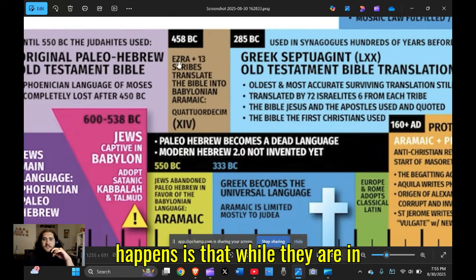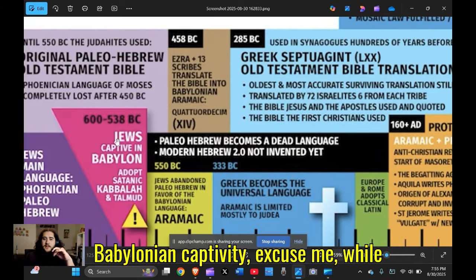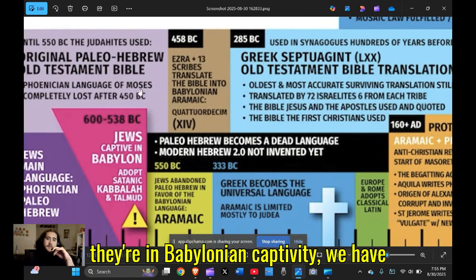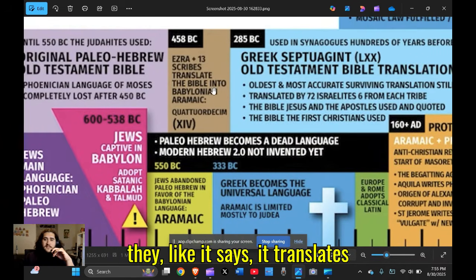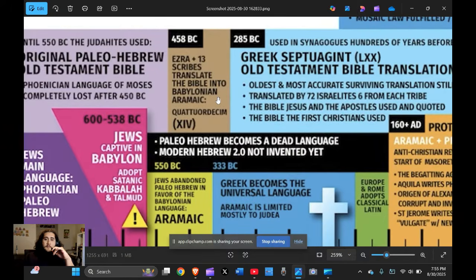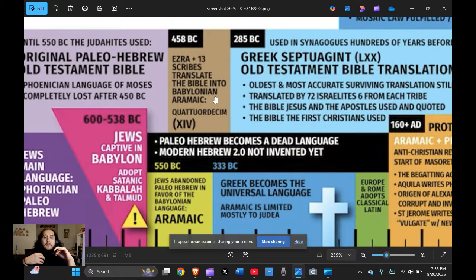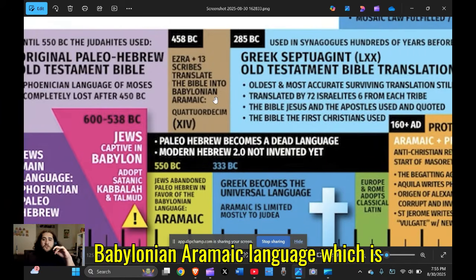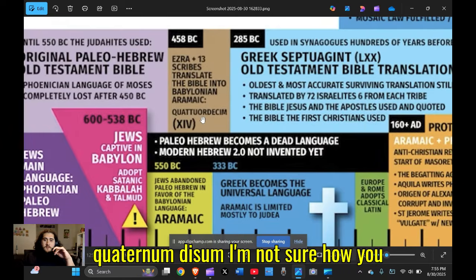So what happens is that while they're in Babylonian captivity, we have Ezra and 13 scribes, and it says they translated the Paleo Hebrew that they had into the Babylonian Aramaic language, which is called the Quaternum Decim.